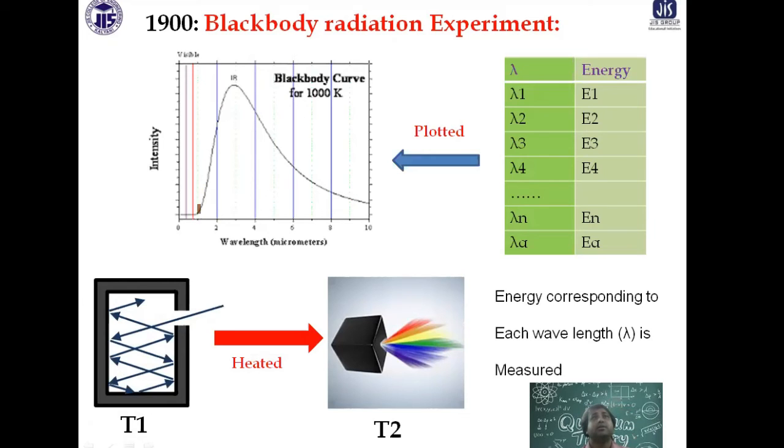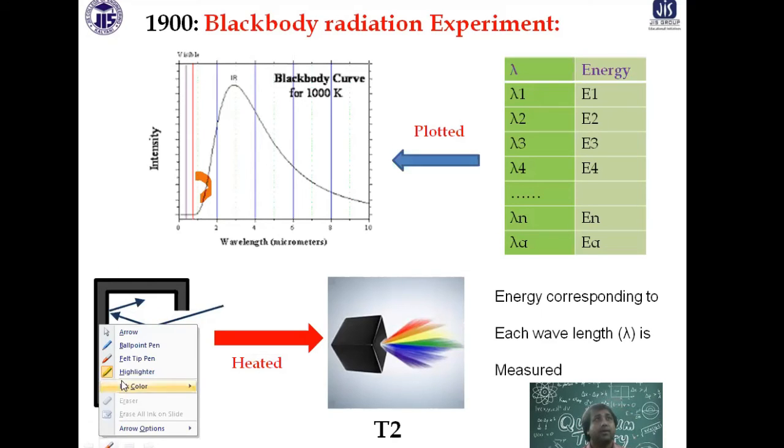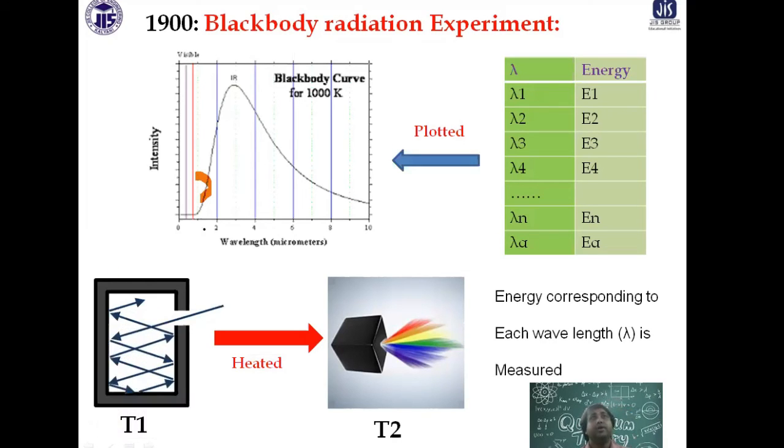This is a region. You see, these are the portions I am talking about. Here, if you increase lambda in this region, if you increase the wavelength, what will happen? You can see the intensity is also increasing. With the rise in lambda, it is increasing.